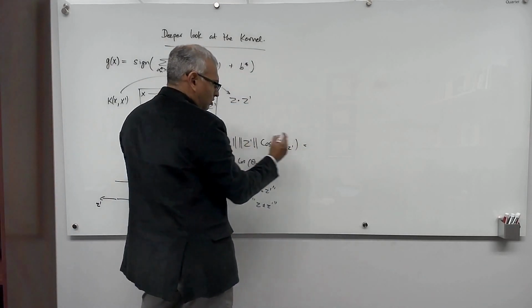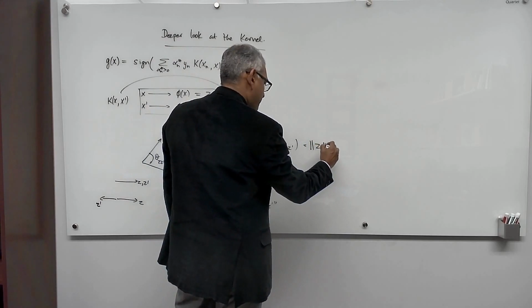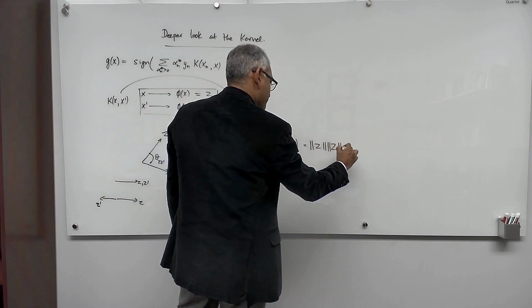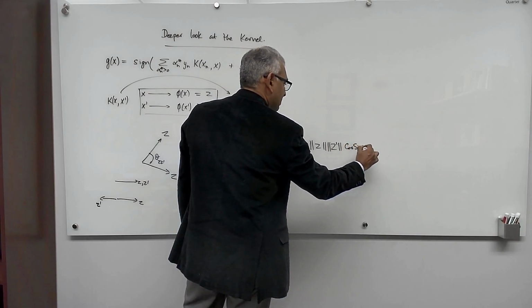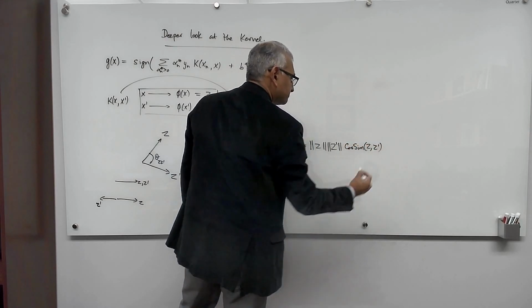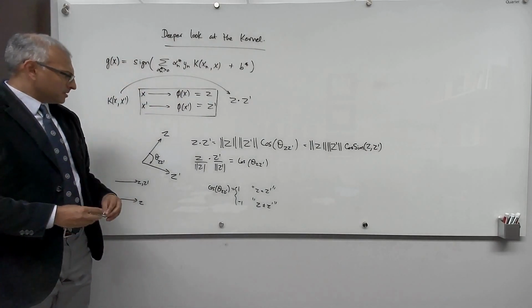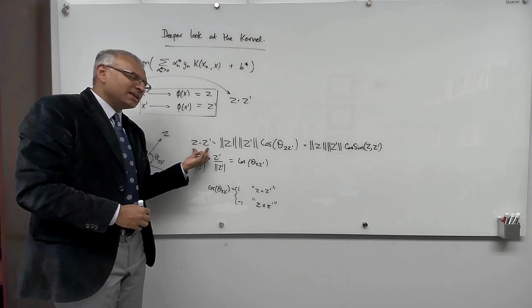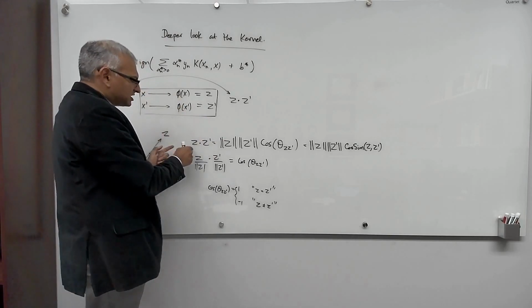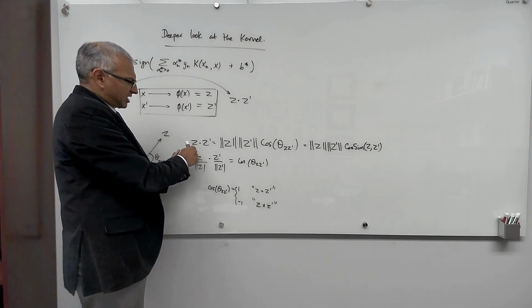So this is, up to the norms, what's called the cosine similarity between z and z prime. So the kernel, which is computing this, provided that you can compute the size of z and z prime as well. What is the size of z and z prime?